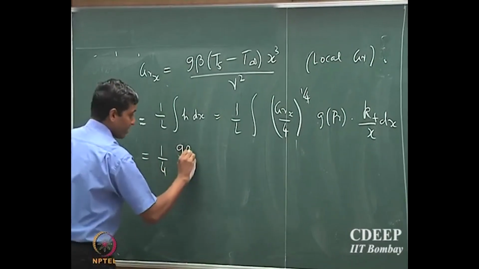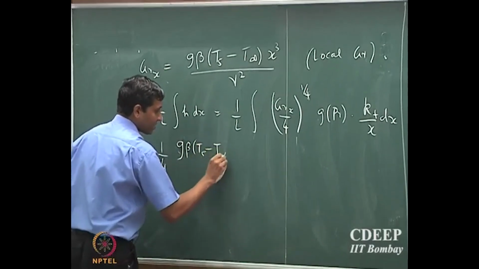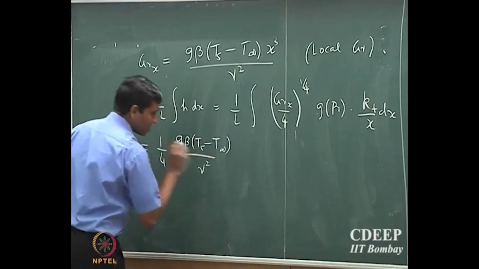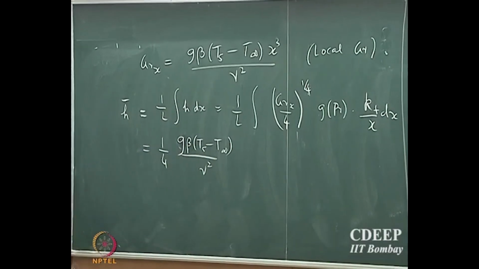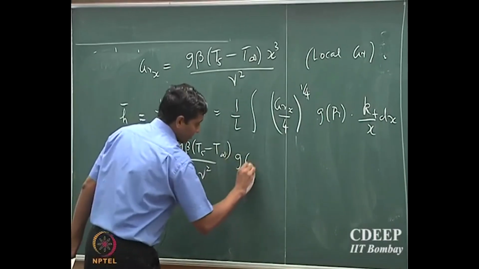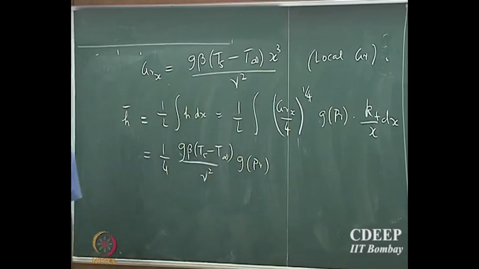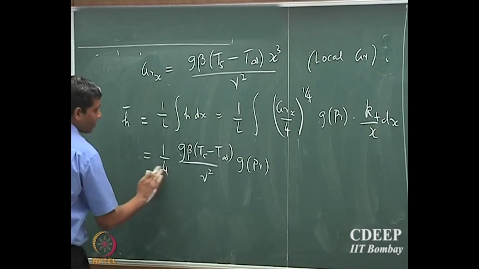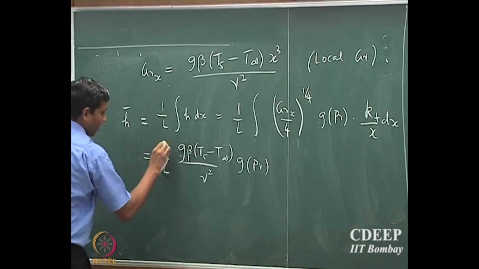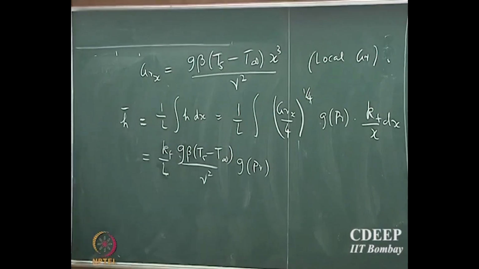And that will be 1 by 4 g times beta Ts minus T infinity by mu square. All these are not functions of x, so we can pull them out. The function of Prandtl number is not a function of x, we can pull it out. Kf is not a function of x, that can be pulled out.